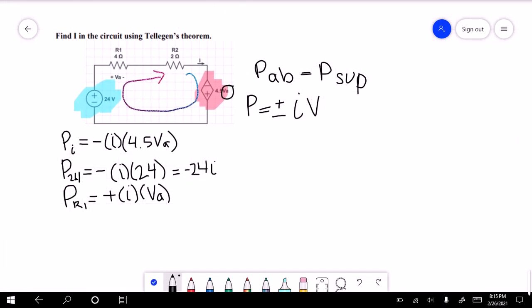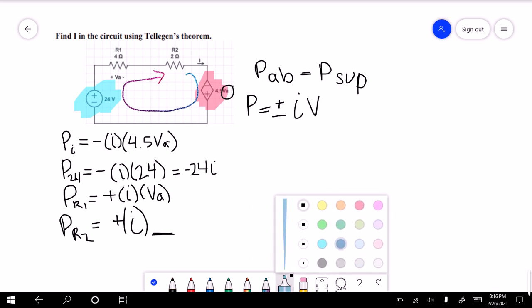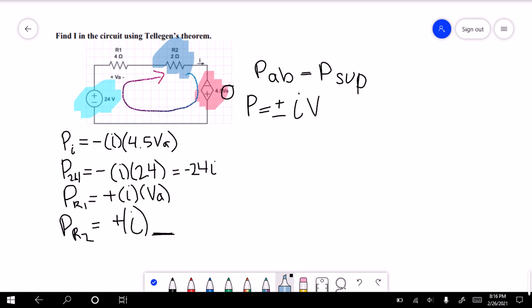Next, we're going to solve the power through R2, which is equal to plus I. We don't know the voltage, and we don't know the current. The only thing that we do know about this resistor is that we know the resistance.